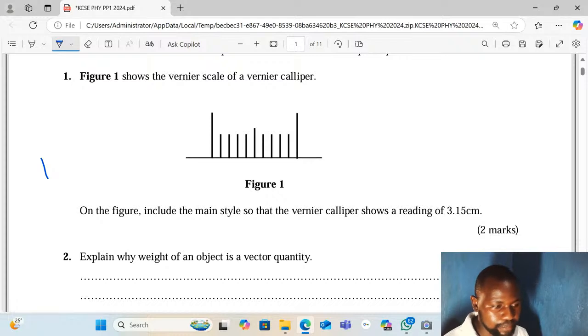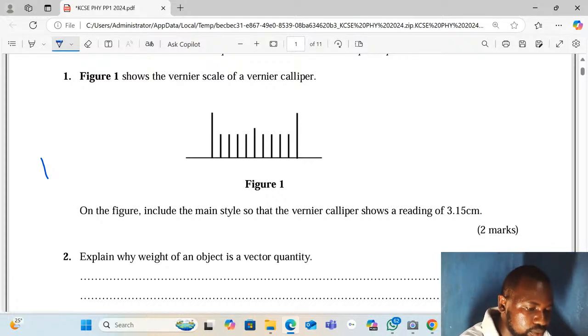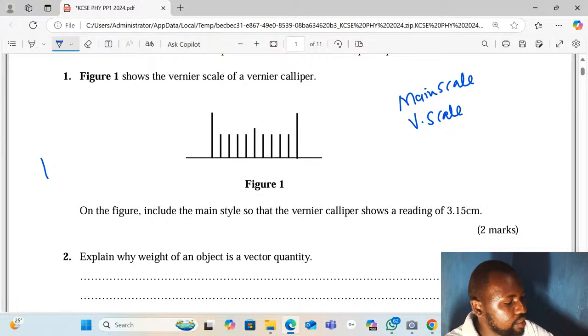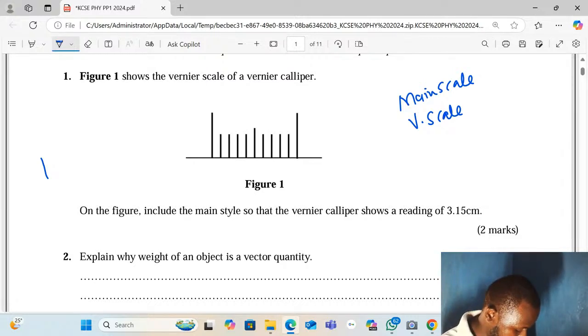We can start from somewhere. Therefore, we all know that for us to get the 3.15, we must reverse it first. So we ask ourselves what was supposed to be on the main scale and the vernier scale. If we get to have that, then we shall have it well done.